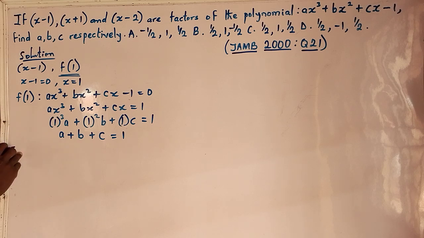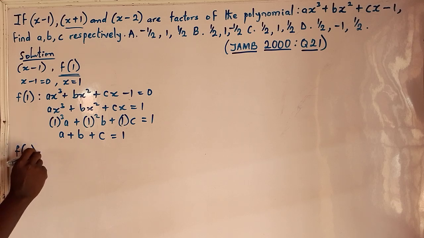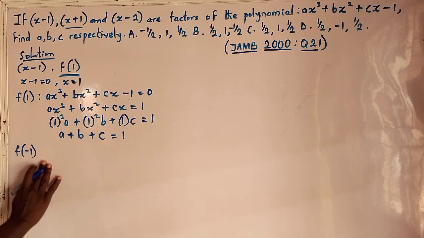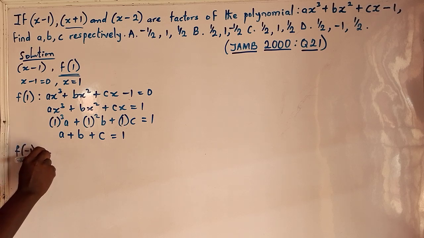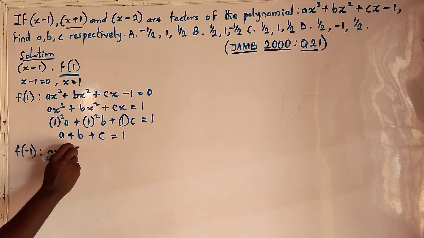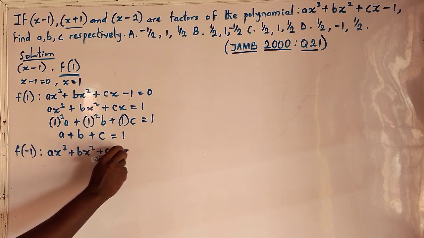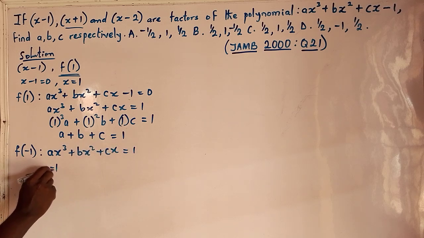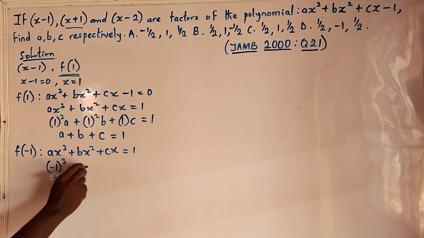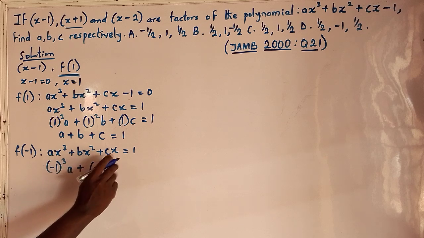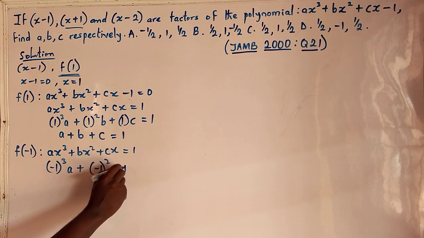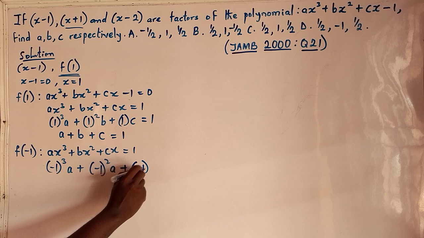So for the next one, f of minus 1. This is x plus 1, so for x plus 1 we have f of minus 1. That gives us ax cubed plus bx squared plus cx, so minus 1 all cubed a plus minus 1 all squared b plus minus 1 c.